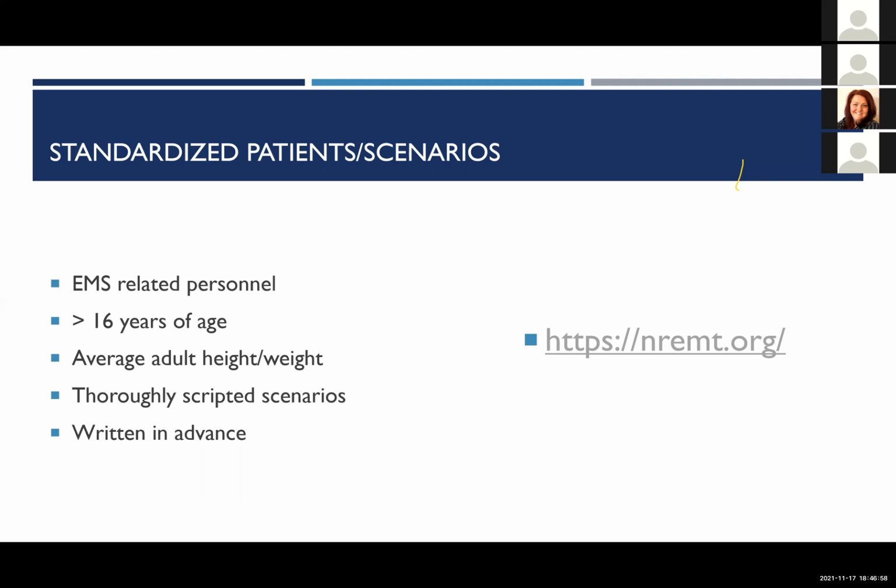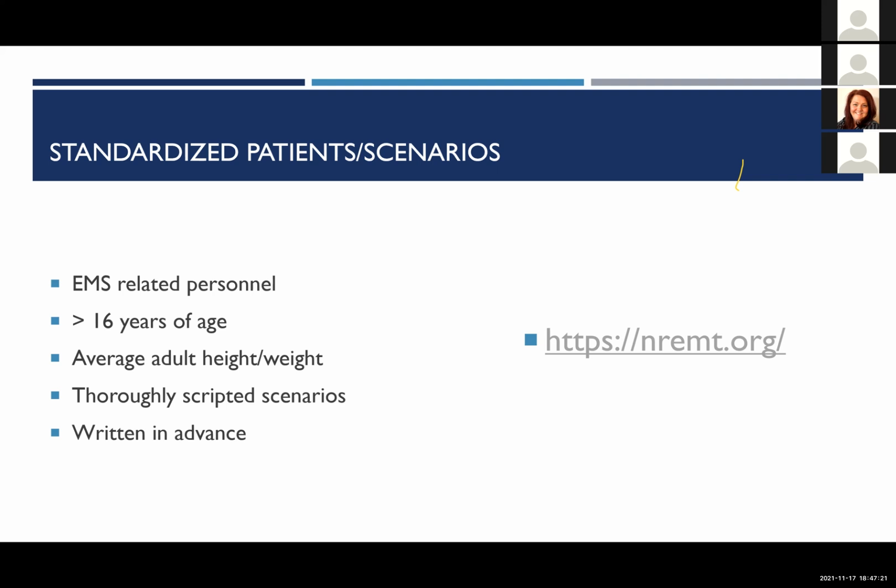Okay. The patients that we utilize should be standardized, right? Meaning that they present the same every time. They should be trained enough to accurately and consistently recreate the parameters of the scenario. Okay. They should be able to portray the patient as accurately as possible.